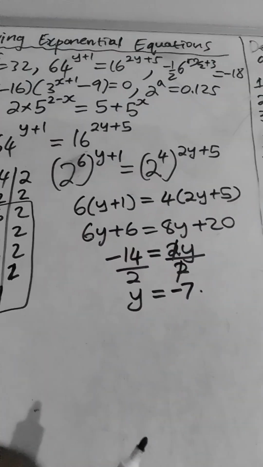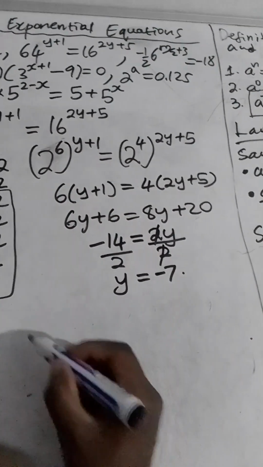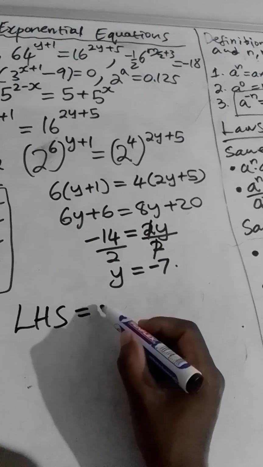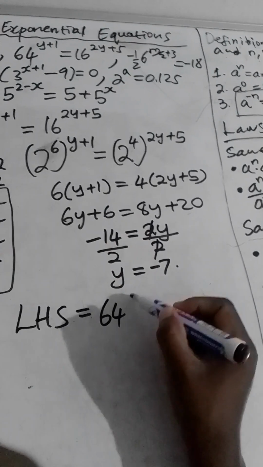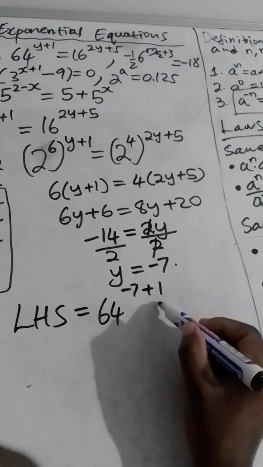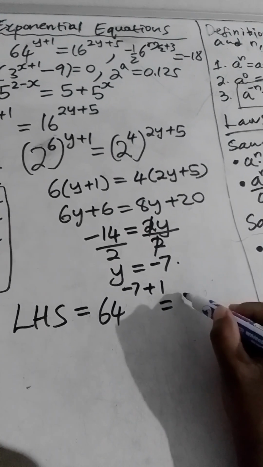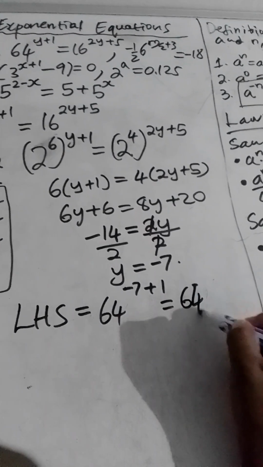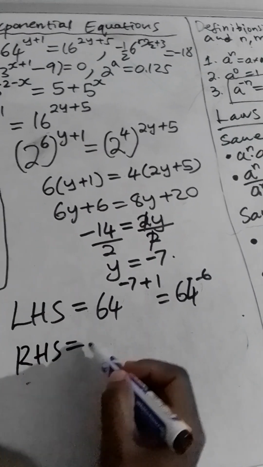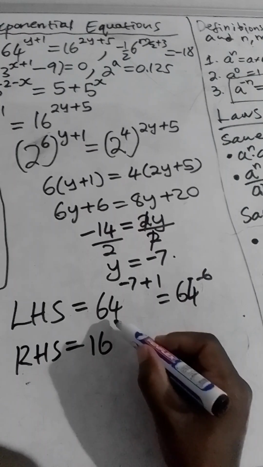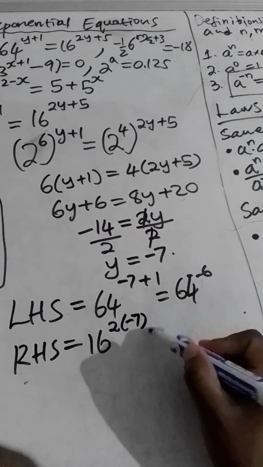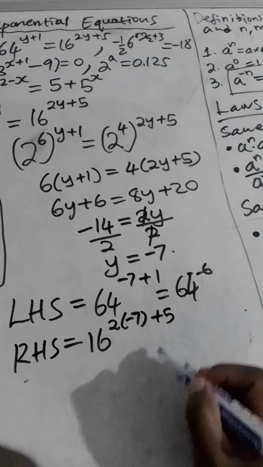And if you want to check if this is correct, you can do the left-hand side. This is the last one where we will check. The rest we'll just start doing them then. 64 to the exponent negative 7 plus 1 is equal to 64 to the exponent negative 6. The right-hand side is equal to what? 16 to the exponent 2 into negative 7 plus 5.